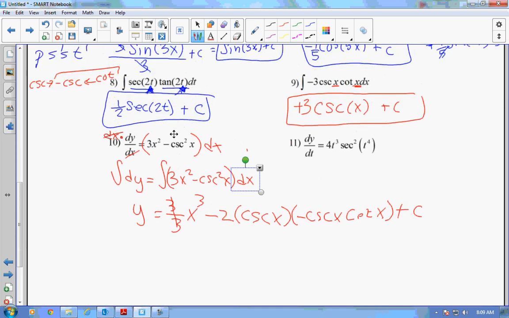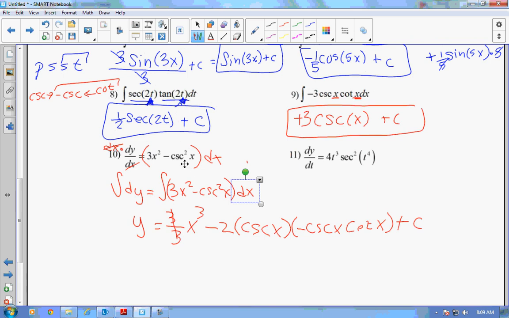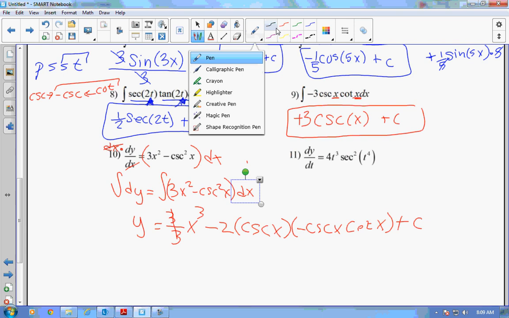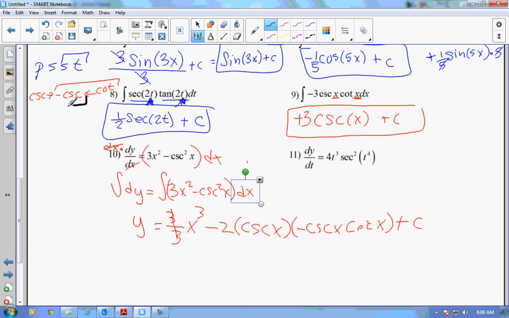We need the derivative to be negative cosecant squared. The derivative of cosecant is negative cosecant cotangent. But negative cosecant squared is the derivative of cotangent. So cotangent's derivative is negative cosecant squared. See how there's two of them?